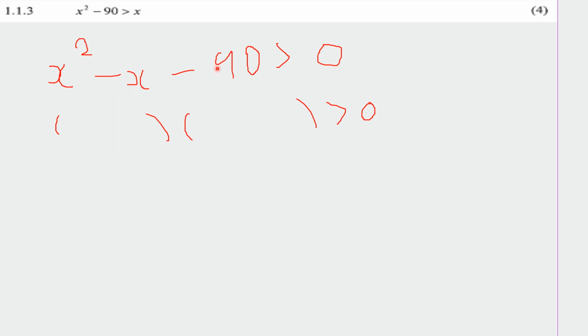So you see, this is the last term, which is the constant. We're looking for factors of 90 that when we subtract, because if this sign is negative, it means that we'll have to subtract the factors of this number, so that we can get the value of the middle number.